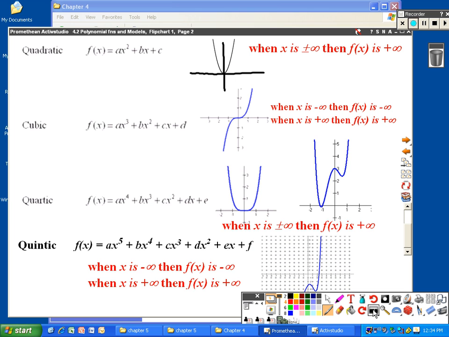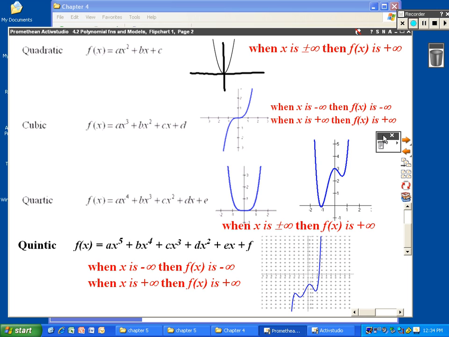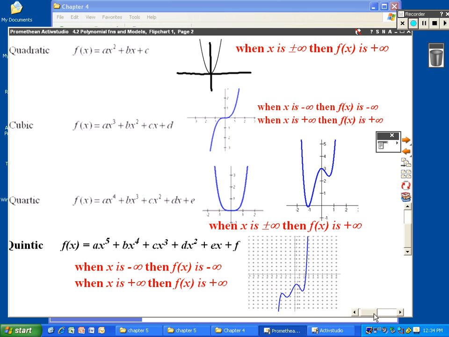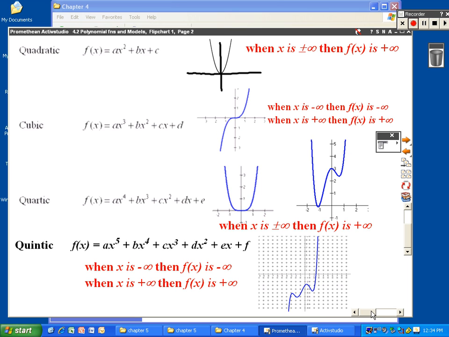And the last one we're going to look at here is the quintic, which is the fifth power, ax to the fifth plus bx to the fourth plus cx cubed plus dx squared plus ex plus f. As you notice, I have 1, 2, 3, 4 turning points, and as previously stated, that means my degree should be the fifth power.